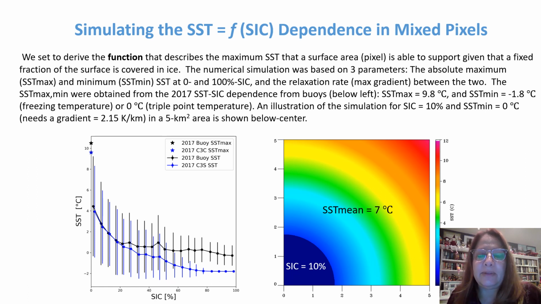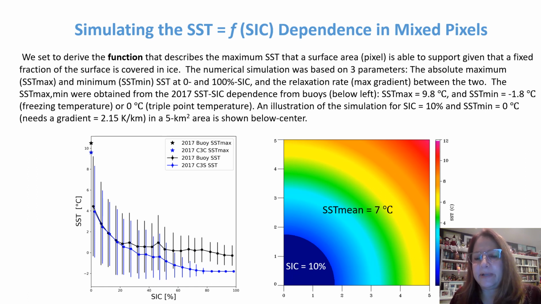And from the simulation, we are able to obtain the required gradient, which in this case is 2.15 Kelvin per kilometer, when we consider a surface area of 5 kilometers by 5 kilometers. Here on the right is just an illustration of one of the realizations of the numerical simulation.